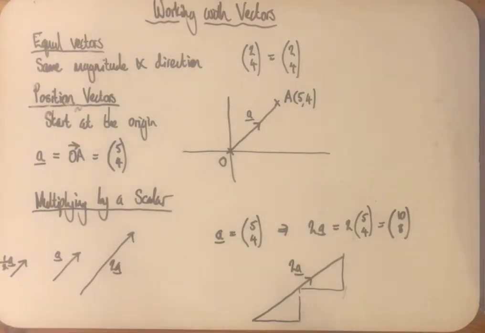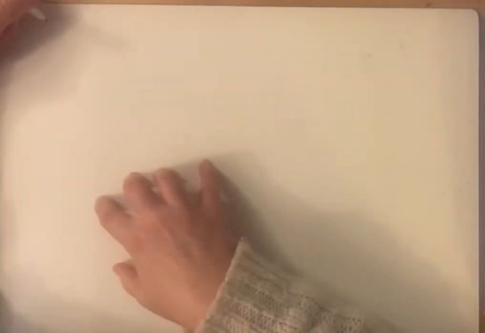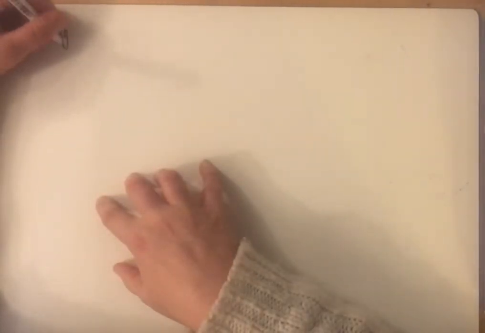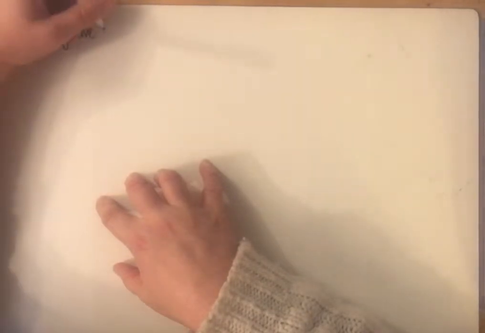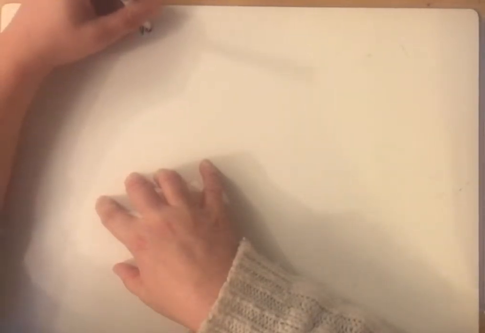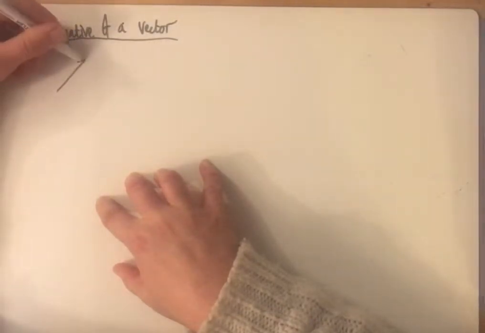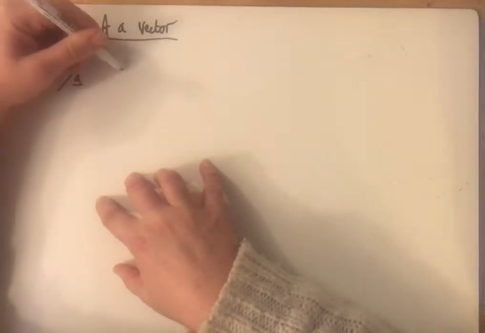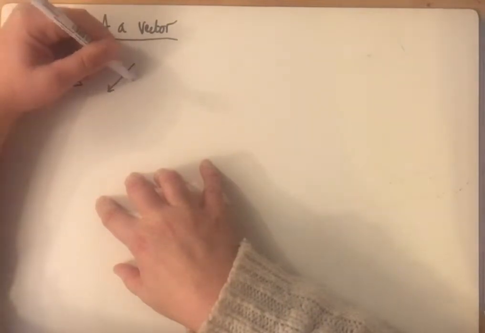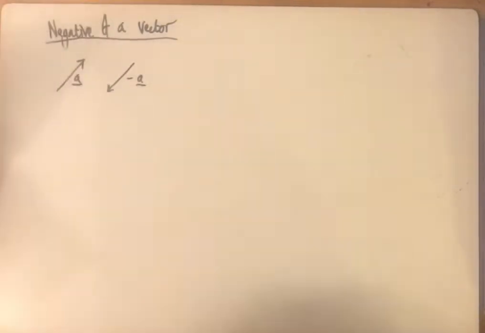Negative of a vector, so we can also multiply it by a negative. So if my A is doing that, then minus A, same magnitude, opposite direction.